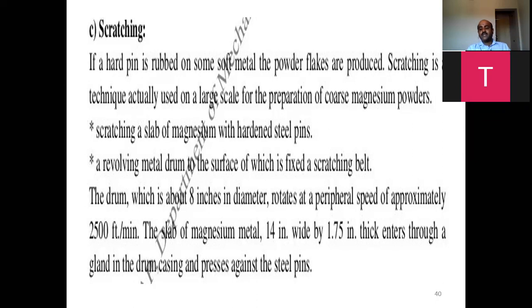And the slab of magnesium metal, 14 inches wide and 1.5 inches thick, enters through a gland in the drum casing and presses against the pins. The drum will press this magnesium metal against the pin, and then you are going to get metal powder flakes by means of scratching. That is one method they were talking about, called scratching. Okay.